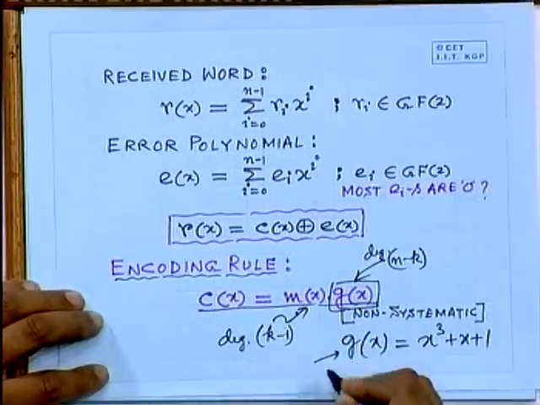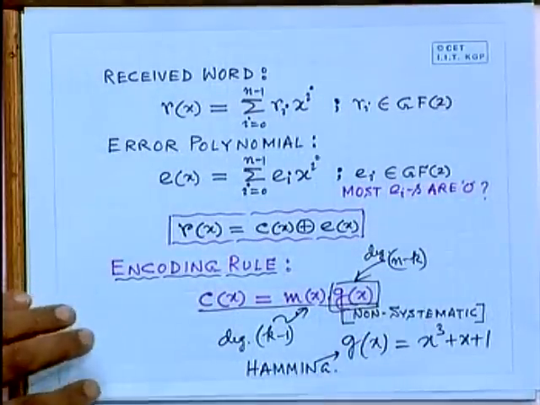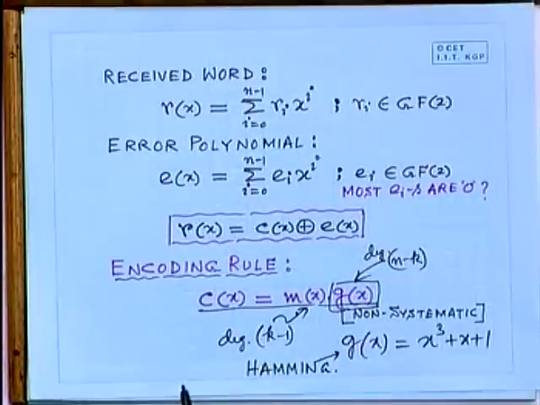This is one form of Hamming code which I thought I would tell you. What is the degree of gx? You tell me quickly what is G0, G1, G2, G3? G0 is 1, G1 is 1, G2 is 0, G3 is 1.